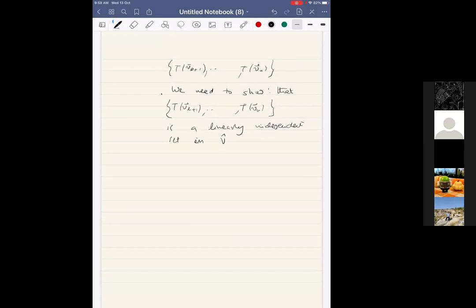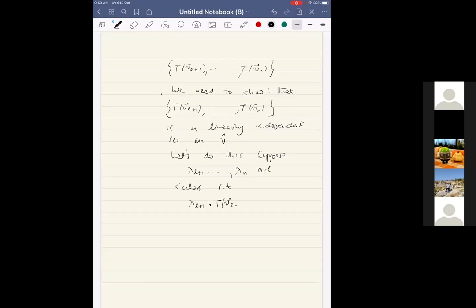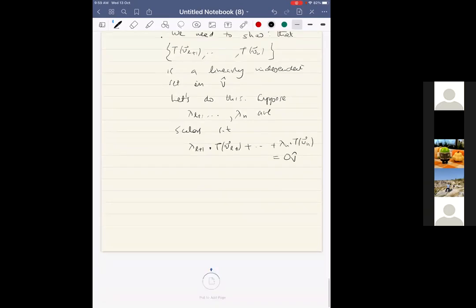Okay, so let's do this. Suppose lambda L plus 1 through lambda n are scalars such that lambda L plus 1 T V L plus 1 plus lambda n T V n is 0 in V hat.